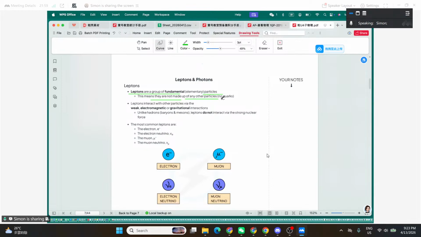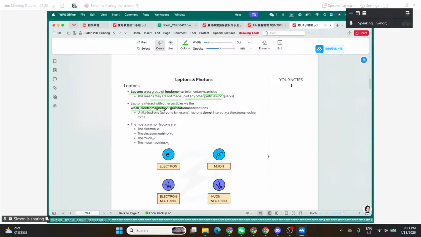There's no quark in the lepton. So quark is not the basic composition of the lepton. Quark is only the basic unit composition of the hadron. Understand now?